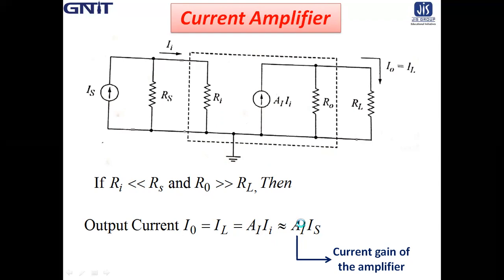AI is basically the short circuit current gain of an amplifier, where AI is equal to I0 by II when RL is 0. If RL is 0, in that case it is called the short circuit current gain.